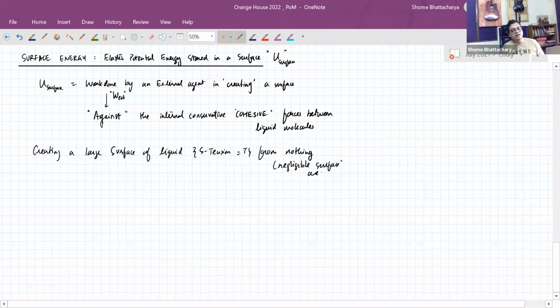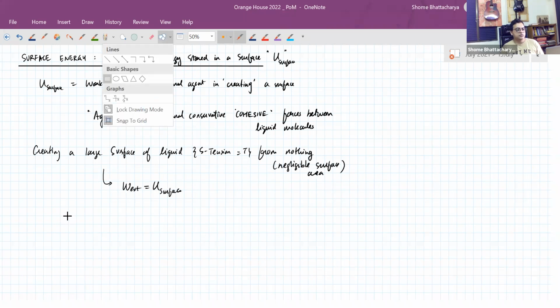To begin with, I have the liquid in such a shape that it has negligible surface area, and from that I'm creating a large surface. In the process, the work done by the external agent will be equal to the energy stored in the surface.